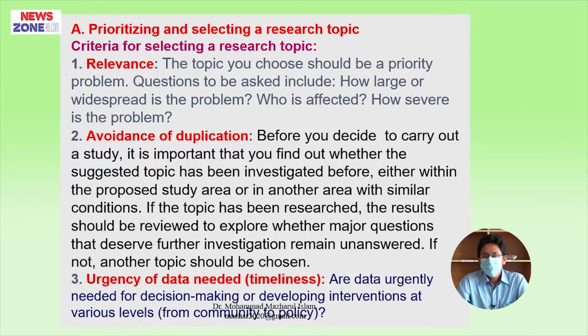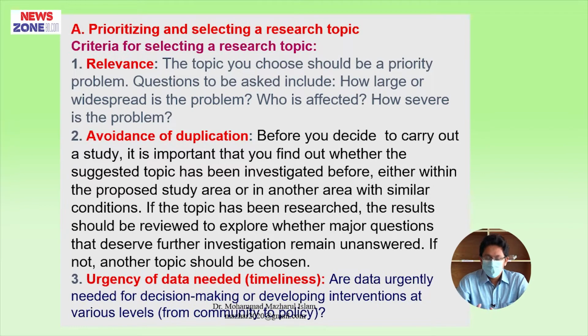Relevance is the criteria that is extremely necessary to select the topic. We have to select a topic based on the current situation or the problem that has a great effect on the population, like a highly important problem, or the problem must be relevant to the time, place and person: the time in which we are now living, the place in which we are living, and the persons that are relevant to us.